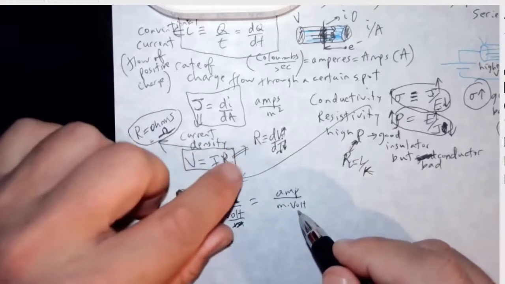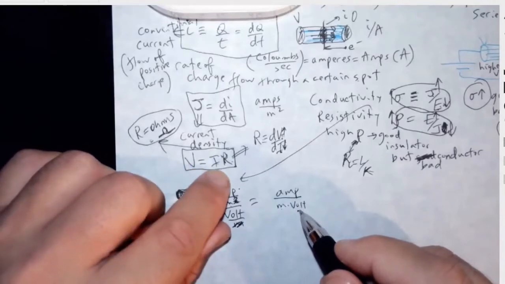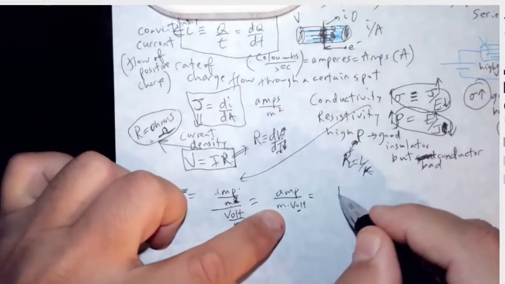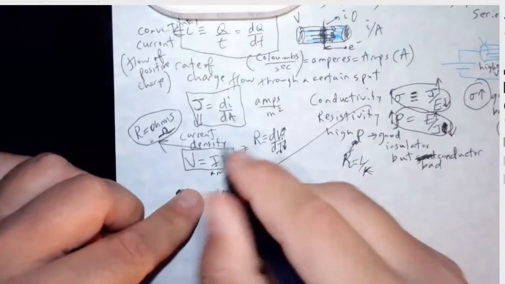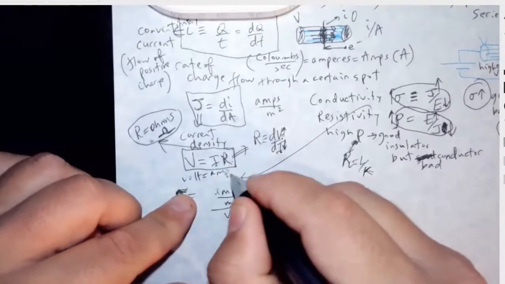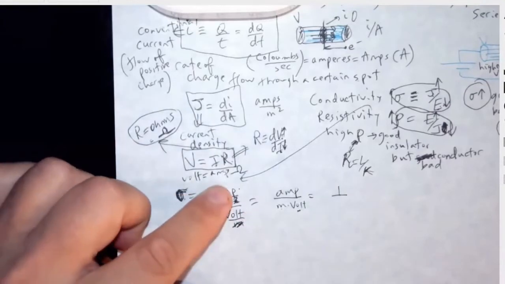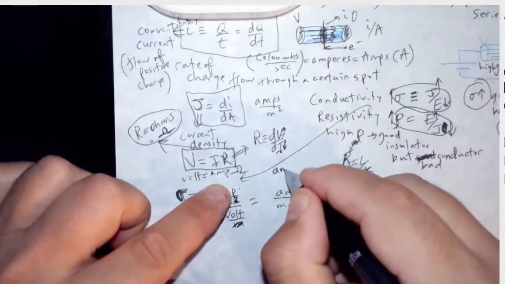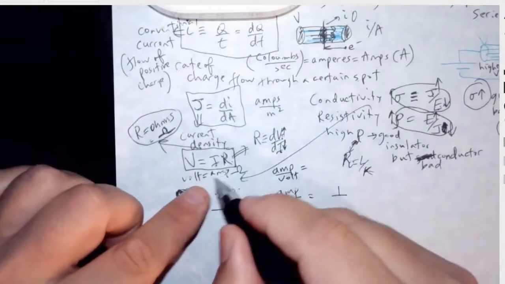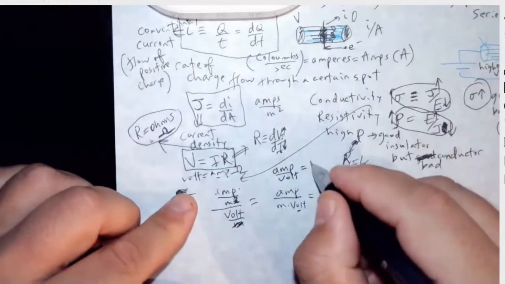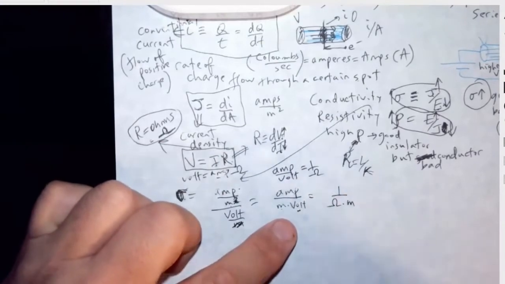But amp over volt is going to be 1 over ohms. So amp over volt becomes 1 over ohm meter.